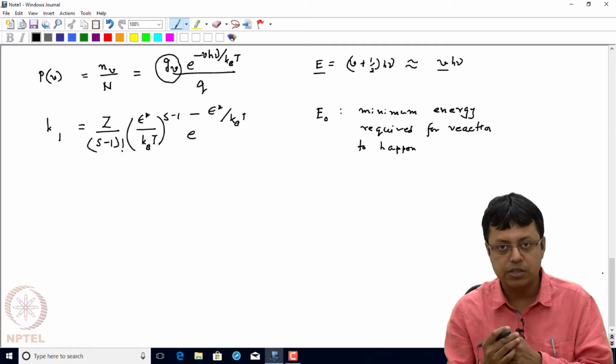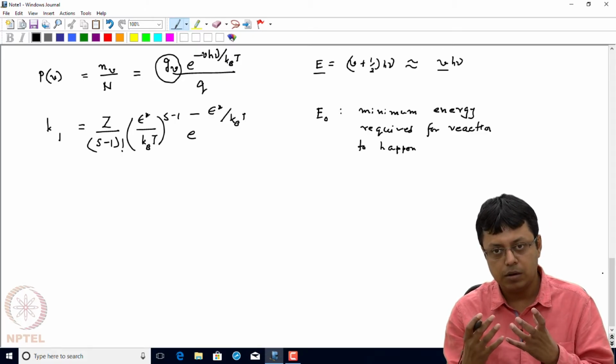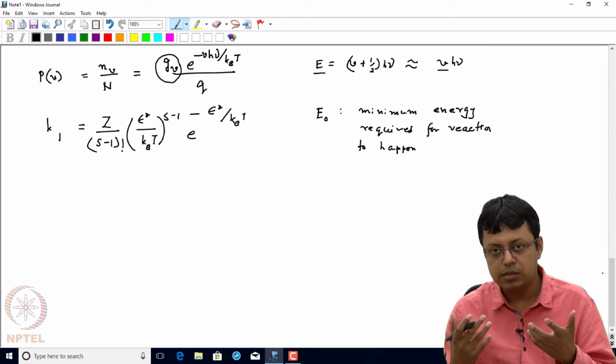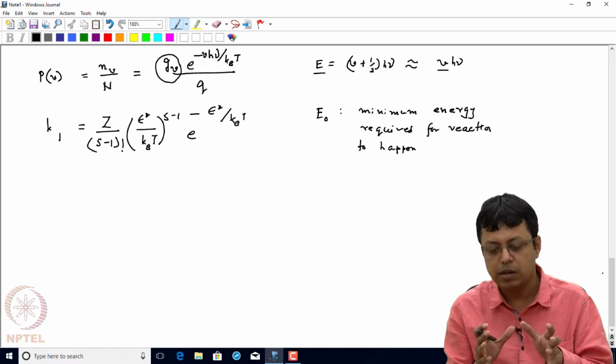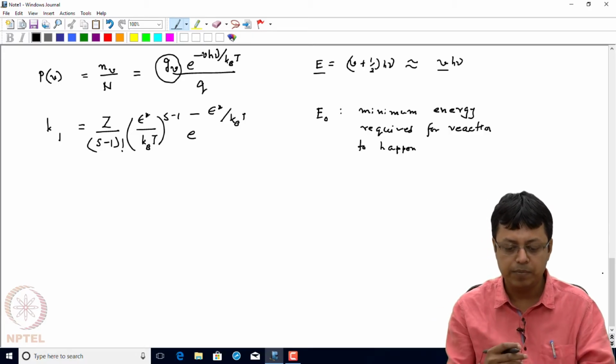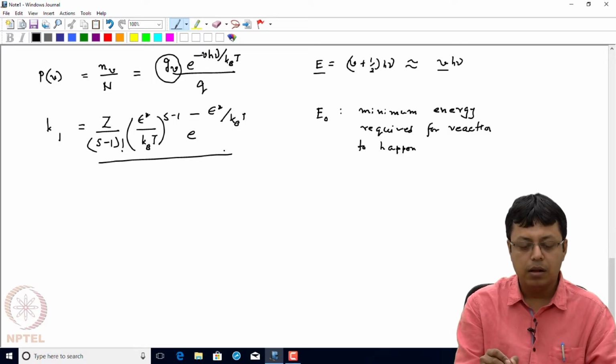In the original derivation, you take them all as harmonic oscillators, and then you find the classical density of states, which comes from the phase space. That's why we are not showing you all the derivation here. And then you can calculate the rate constant for the activation process.